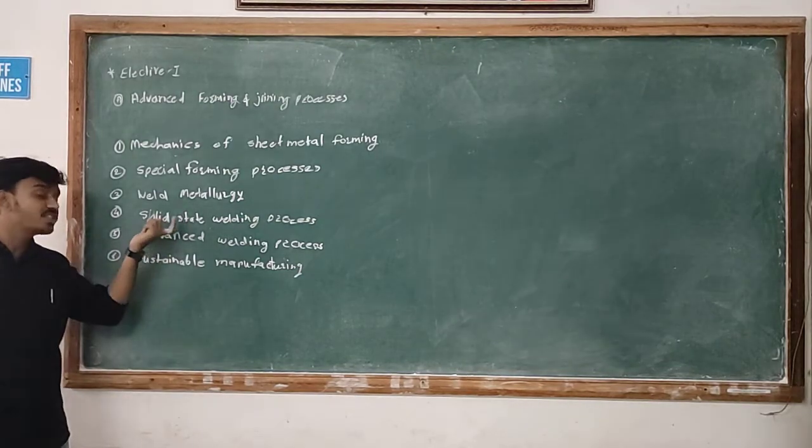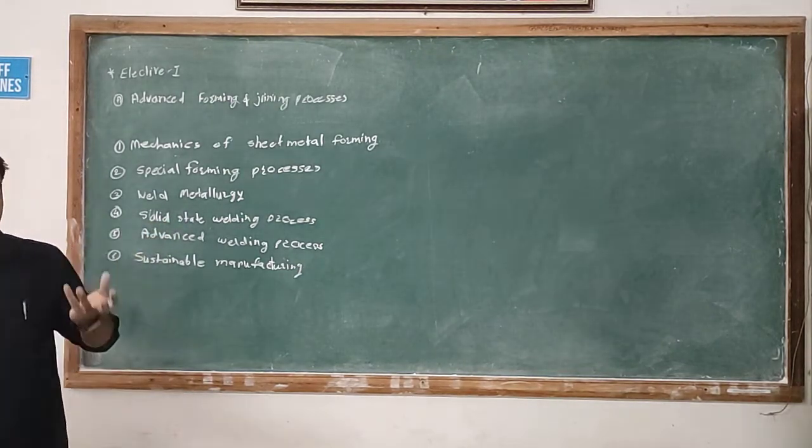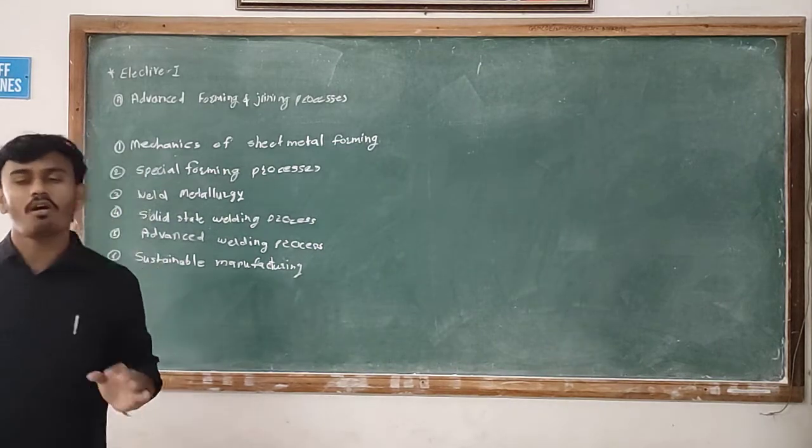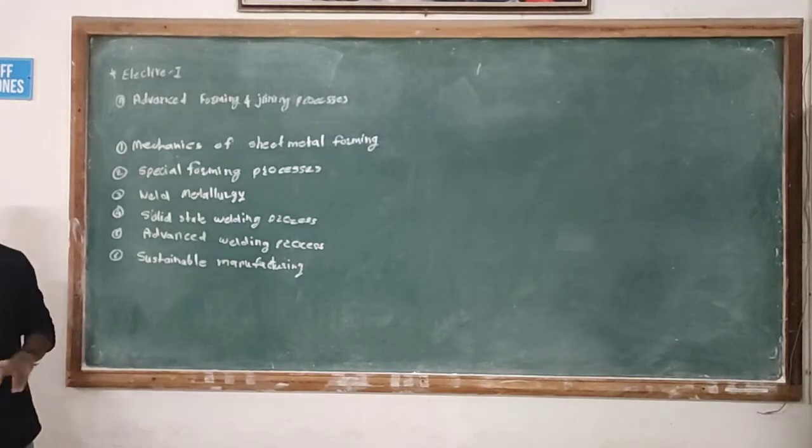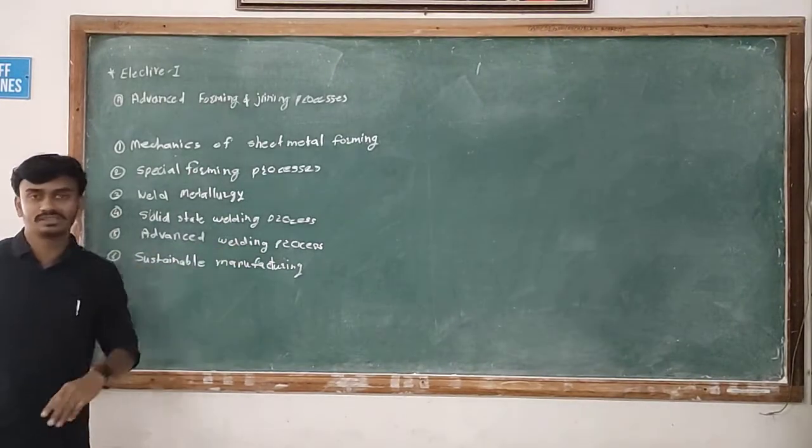Which are these types of welding processes? Friction welding, friction stir welding, all these types of welding processes we will discuss in solid state welding. The next one is the advanced welding process.